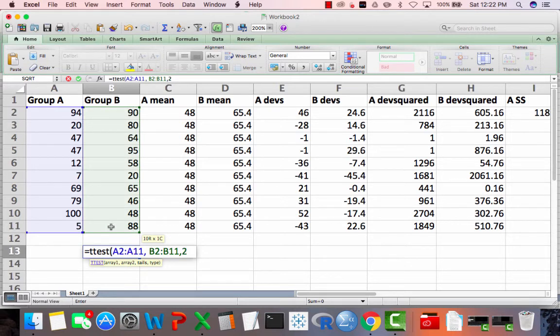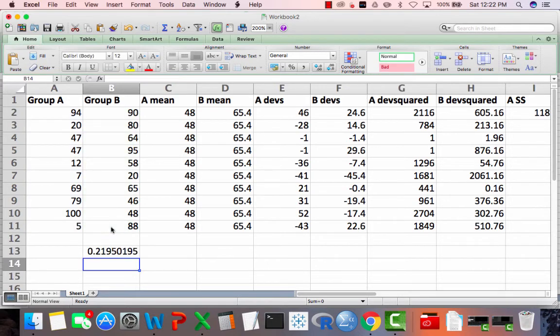Remember, we're doing a two-tailed test here. And the type, we're wanting to do an independent samples t-test, and in Excel that's represented by the number 2, close parentheses, and press go and see what happens, and we end up with a p-value of 0.219.